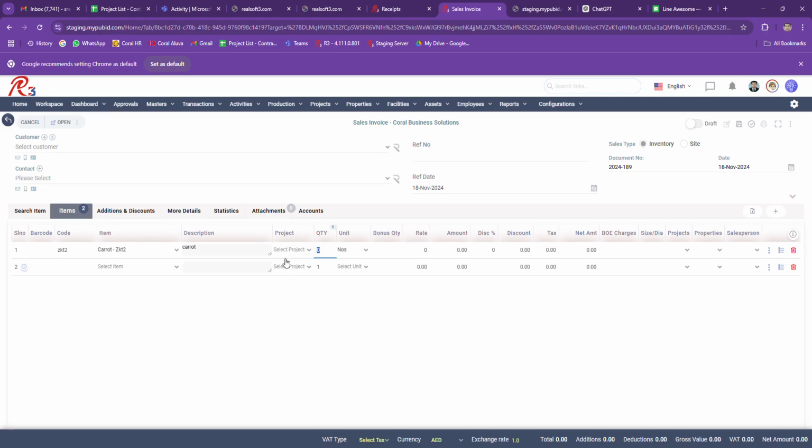So for demo purposes, we've got a different system. But this is a staging server. That means you can enter anything in this system, you are free to do anything, and you can crack the system also. But I'm not telling you to crack it. Don't worry about this. Anything is possible.